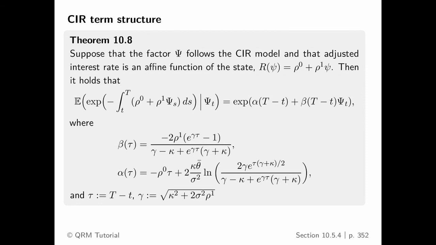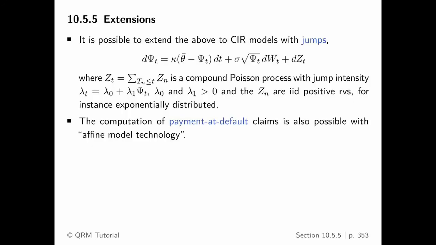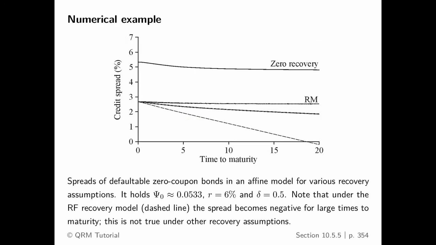You can make things more complicated. The psi may jump, and you can do it for payment and default claims. I jump over jumping psi, but I want to show you one last picture. It gives us credit spreads for defaultable zero coupon bonds. The current value psi_0 is here about 5%. Interest rate is 6%. It's an old example.